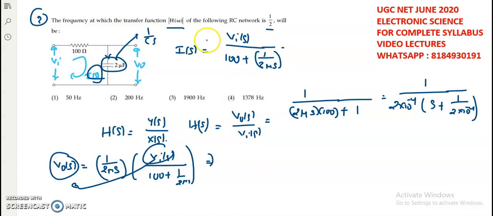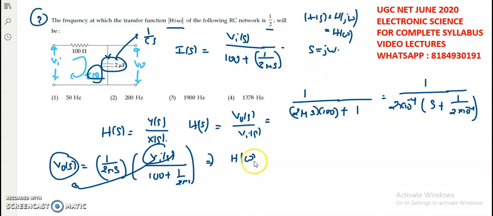Now it is given that the modulus of H of omega is 1 by 2. Here in the place of S, actually S is nothing but J omega, and we can write H of S as H of J omega, or simply we can represent it as H of omega.